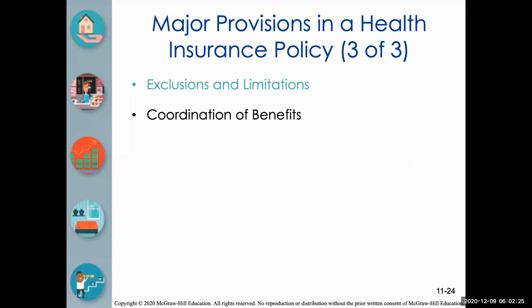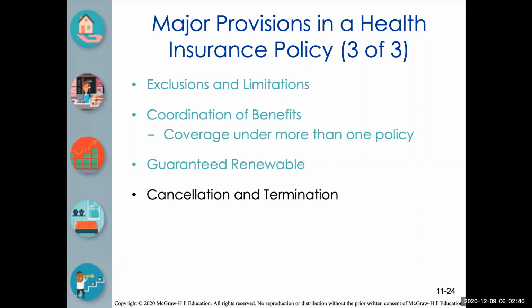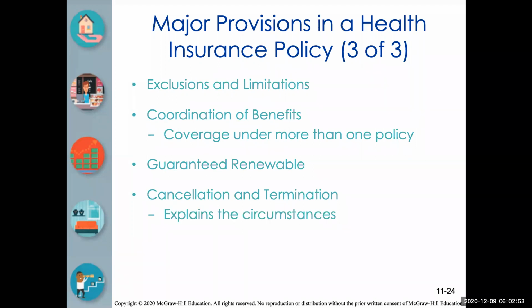We talked about the coordination of benefits provision, meaning we have multiple policies and the benefits from those policies are coordinated such that they can't exceed 100% of the total expense. Guaranteed renewable: can be canceled and terminated. What the provisions are around how your insurance plan could be canceled or terminated. It's got to explain the circumstances, so you need to read the provisions of the policy.